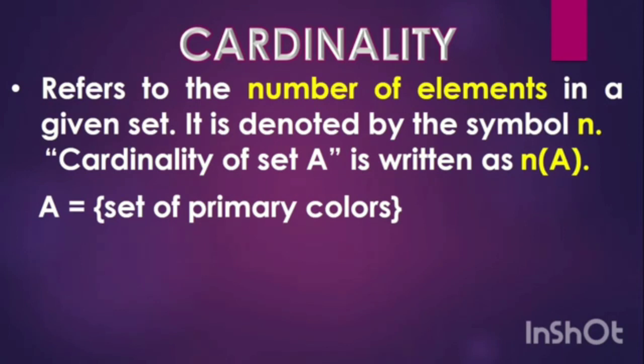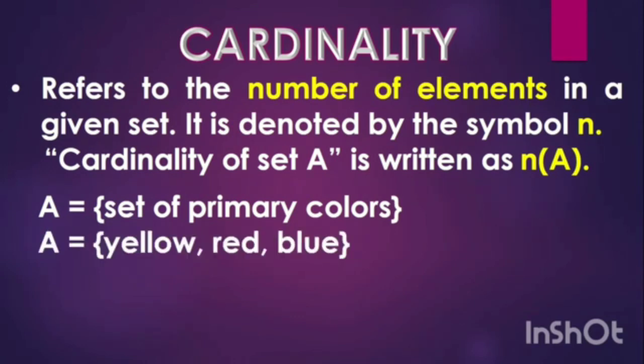Okay. So I have here set A, set of primary colors. So for set A, we have yellow, red, blue. Now, kapag ang tinatanong ay cardinality, ibig sabihin number, bilang ng elements. We have 3 elements, right?